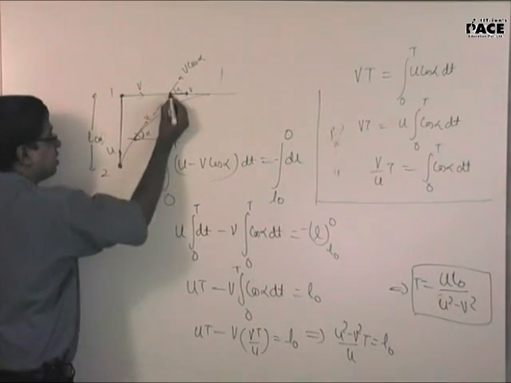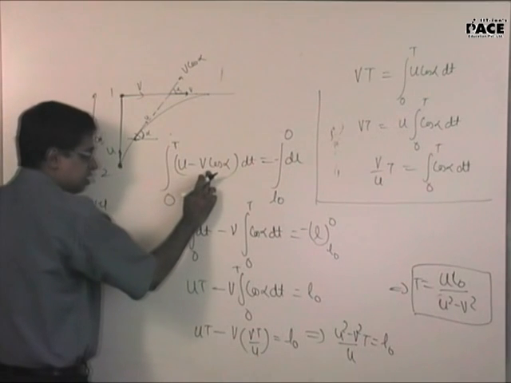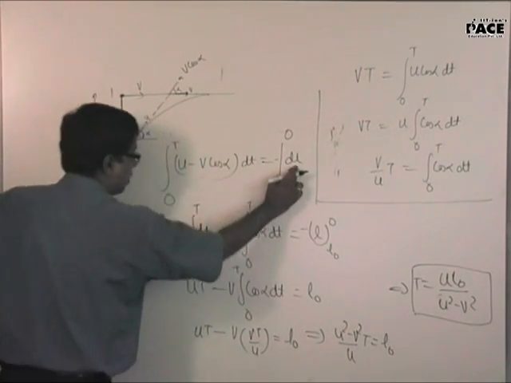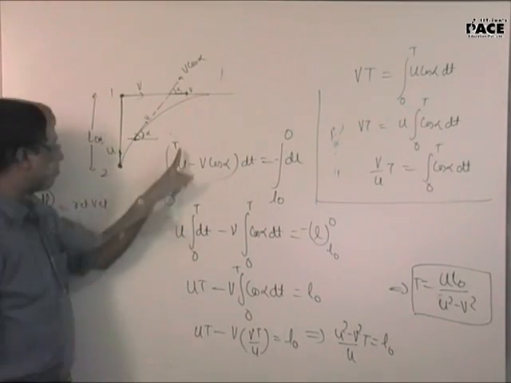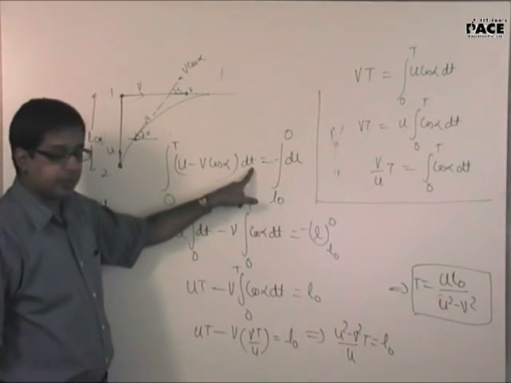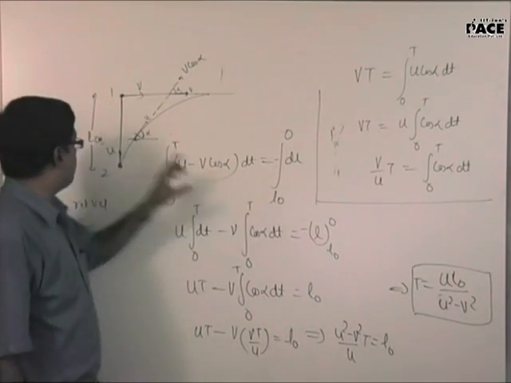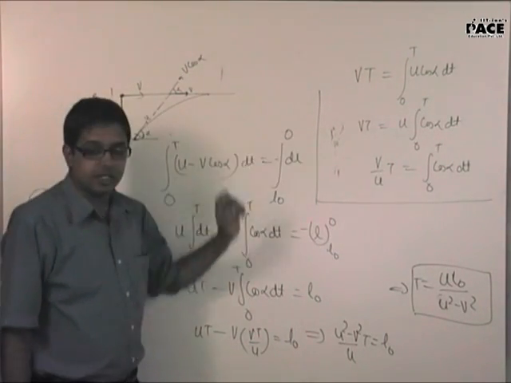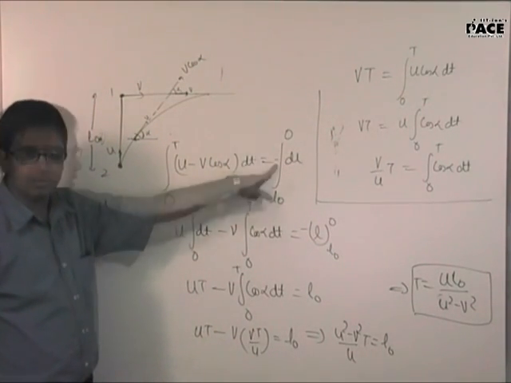Relative velocity of 2 with respect to 1 will be u minus v cos alpha. This relative velocity into time will be relative displacement. That I integrated from 0 to t. Here I am integrating with respect to time, and here with respect to relative displacement. Initial separation is L naught, final separation is 0. And because this is decreasing, I preceded this with a negative sign.